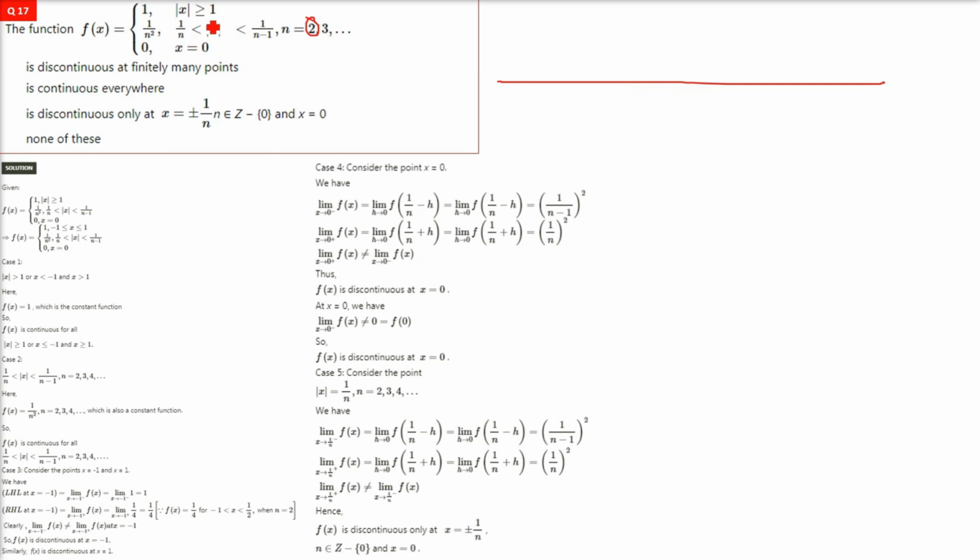If you take n as 2, mod x is between 1 by 2 and 1. When you remove this modulus, as in the discussion of mod x greater than or equal to 1, you are in between minus 1 and minus 1 by 2.